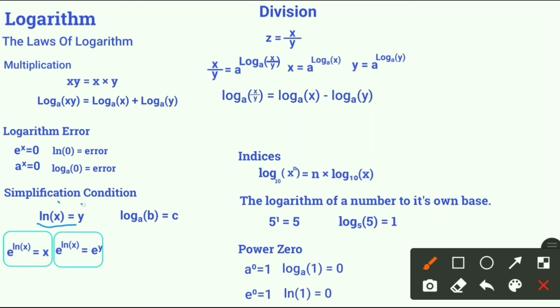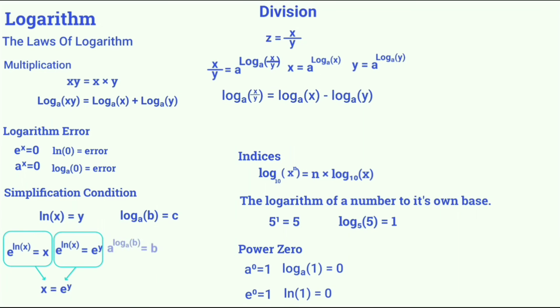Now look closely: this is x, these are exponents, and what is the base? The base is obviously e. log_e x is equal to y, which means it must be like e^y, and x is the opposite, so x is equal to e to the power y. This is what it really means.